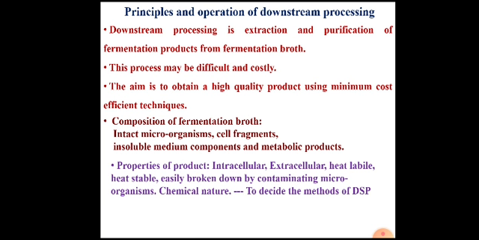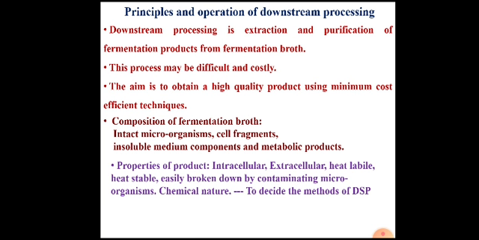These properties of the product are: the product may be intracellular, it may be extracellular, heat labile, meaning sensitive to heat, heat stable, it can be easily broken down by contaminating microorganisms, and its chemical nature. All these properties are very important in order to decide the methods of DSP, that is downstream processing.